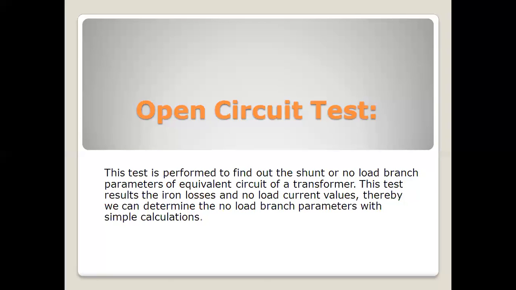From the equivalent circuit, the R0 and X0 values, that is the core loss resistance and the magnetizing reactance parameters of the equivalent circuit, are also found from the open circuit test. So it is clear that this test gives the iron losses and no load current values. Thereby, we can determine the no load branch parameters with simple calculations from the open circuit test.